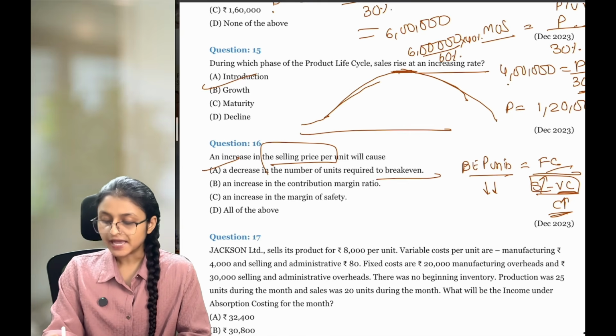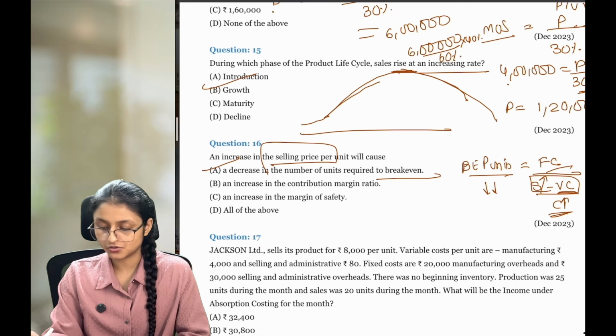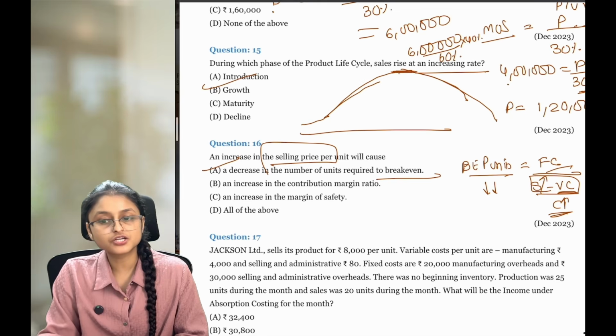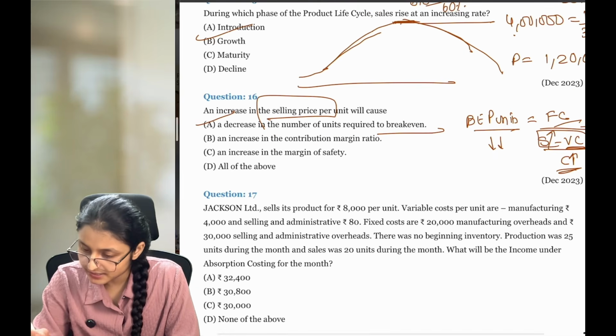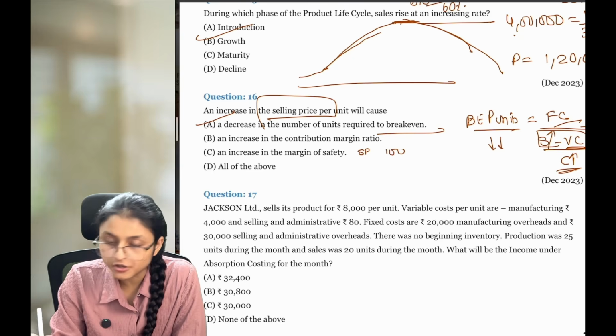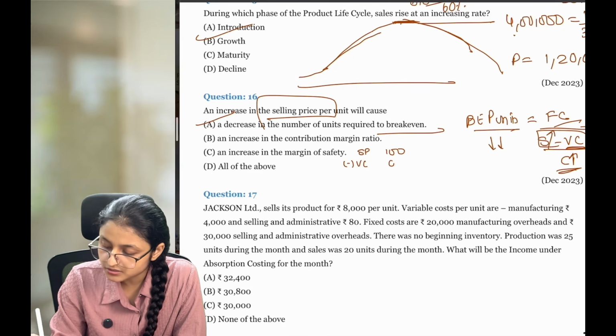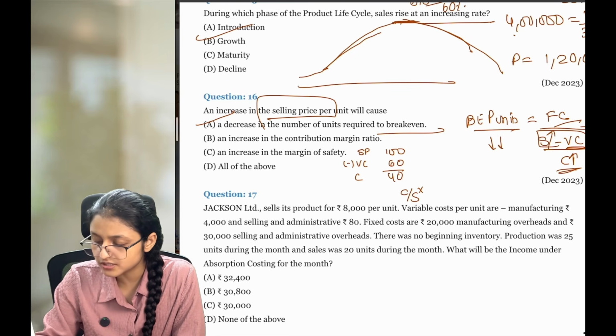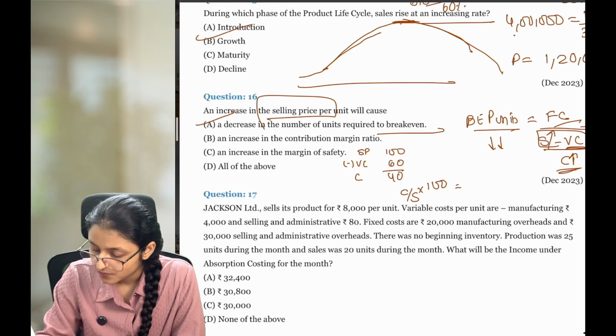Next point says an increase in contribution margin ratio. So due to increase in selling price, will your contribution margin ratio also increase? For calculating that, let's say my selling price earlier was 100 rupees, my variable cost was 60, my contribution was 40. So as of now, my contribution margin ratio, which is nothing but contribution to sales ratio, was 40 by 100, that is equal to 40%.